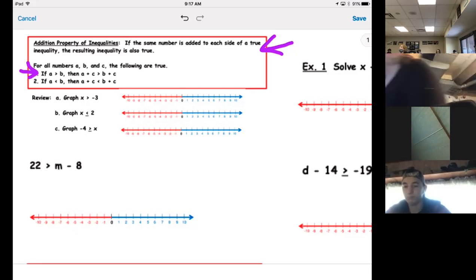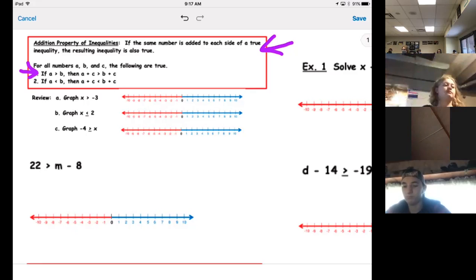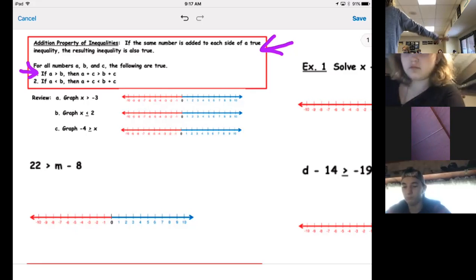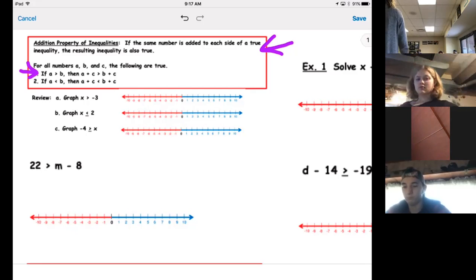What we're saying is if we have to graph x is greater than -3, half of the numbers, half of that infinity, is going to be solutions. The other half are going to be non-solutions. What's the cutoff number that tells us where the break is between solutions and non-solutions?